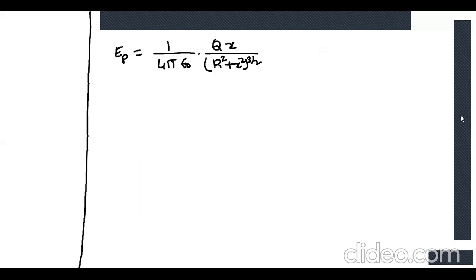That is the electric field due to the charged ring at an axial point.